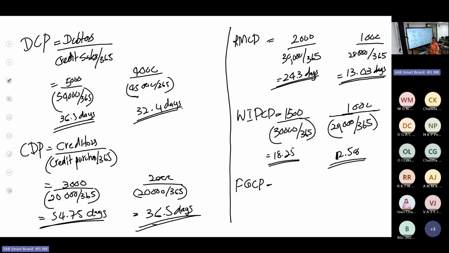FGCP, finished good conversion period: we have finished good inventory 4,000 and 3,000, dividing by cost of sales 45 and 44.